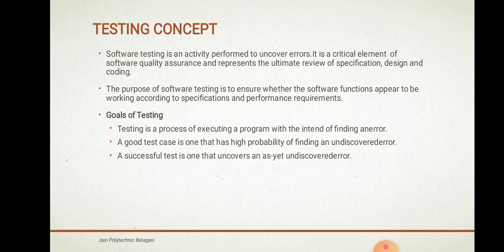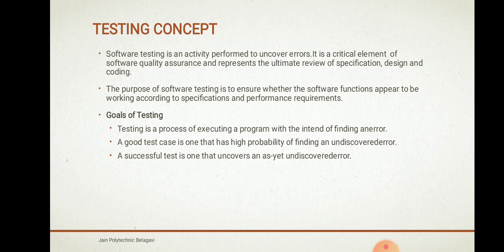Now software testing is an activity performed to uncover the errors or remove the errors. It's a critical element of software quality assurance and represents the ultimate review of specification, design and coding. Now the purpose of software testing is to ensure whether the software functions appear to be working according to the specification and performance requirements.